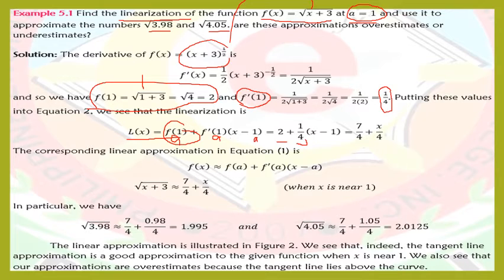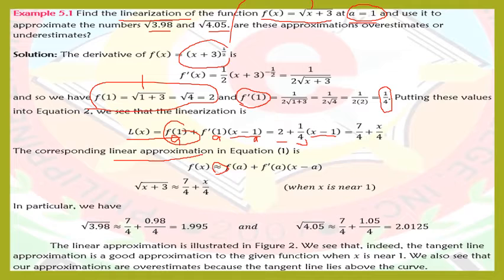And then, just copy x minus 1. So, simplifying natin, 2 plus 1/4 times x minus 1. So, we have 7 over 4 plus x over 4. Okay, so distribute muna si 1/4 dito and then saka natin siya i-add. So, the corresponding linear approximation in equation 1 is, okay, kung linear approximation, makikita niyo yung symbol na yan.